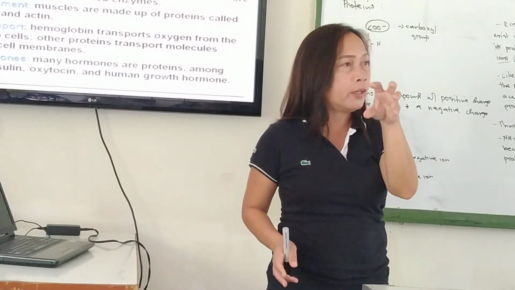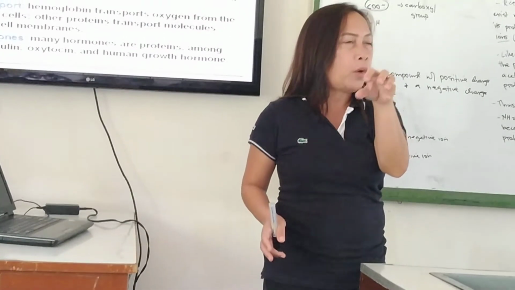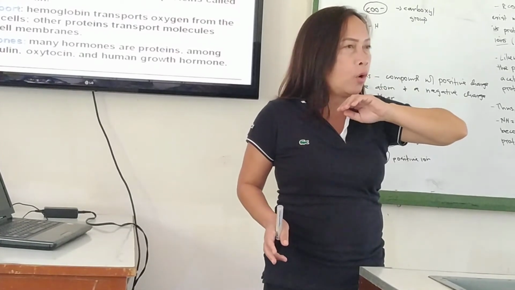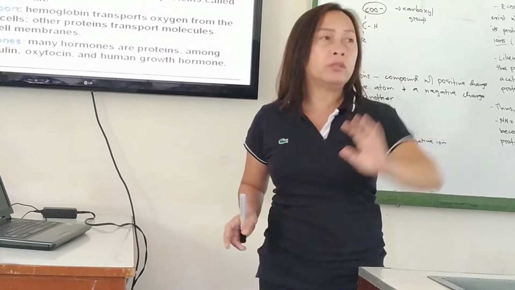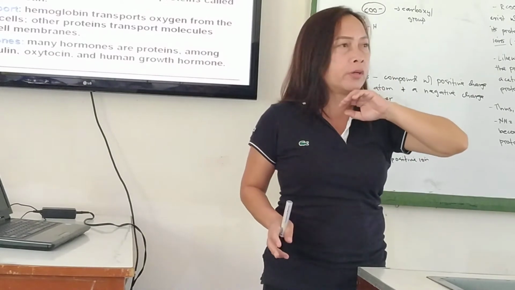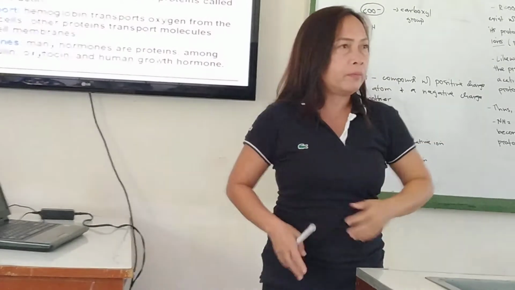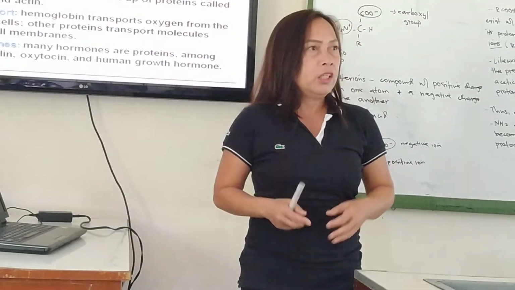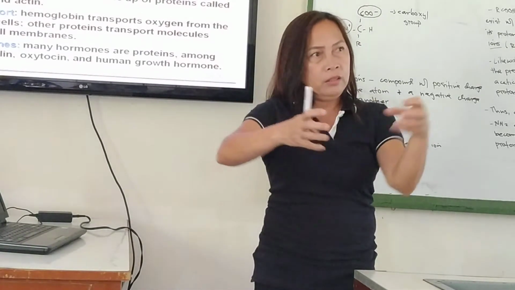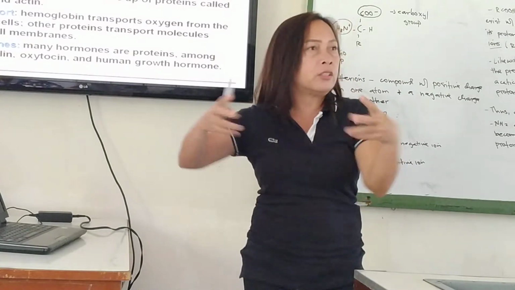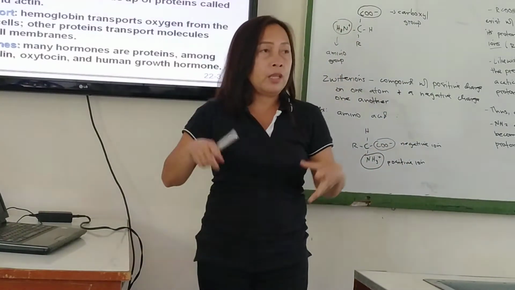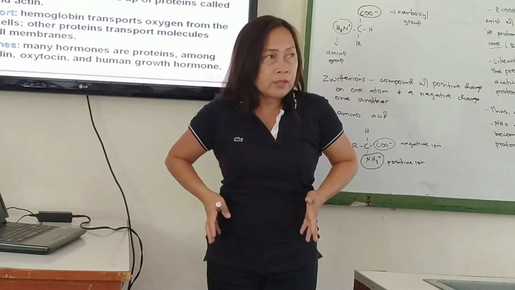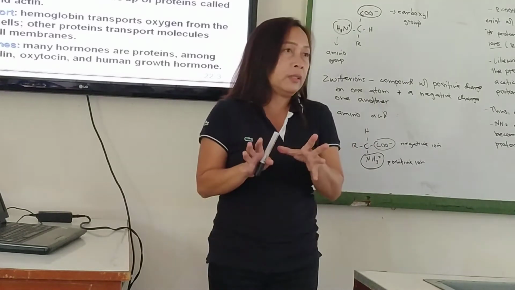So when you were born, what caused your expulsion from your mommy's womb? It's because of the stimulation of this oxytocin on the uterine wall, and of course the cervical and the vaginal canal.